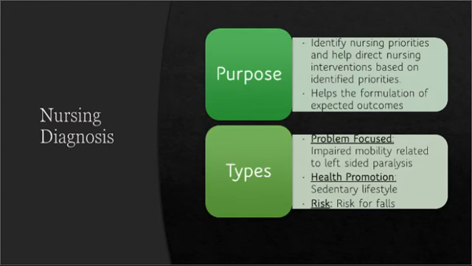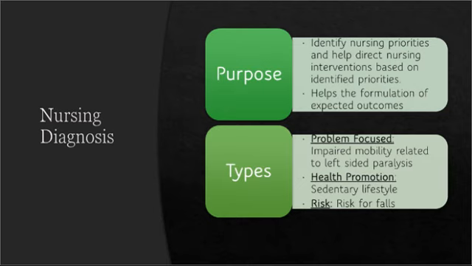Continuing on with nursing diagnosis. It tells you in your grading that you have to have a minimum of 2 nursing diagnoses related to the admission, or why they're in the hospital, what you have found.